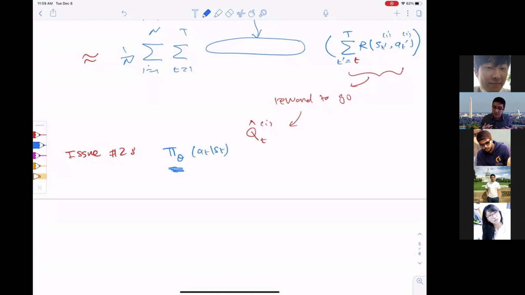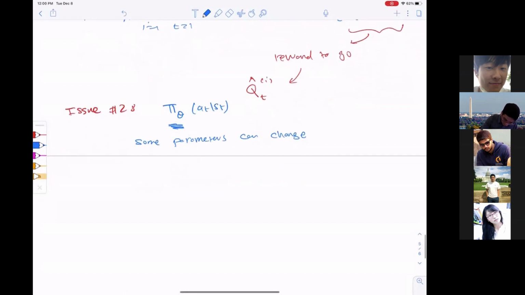And therefore, setting the learning rate, maybe a fixed number for all of the parameters, can be quite challenging in practice. Some parameters can change pi theta more than others. Therefore, it is hard to choose a fixed learning rate.